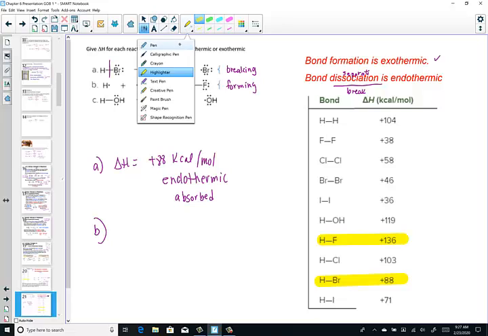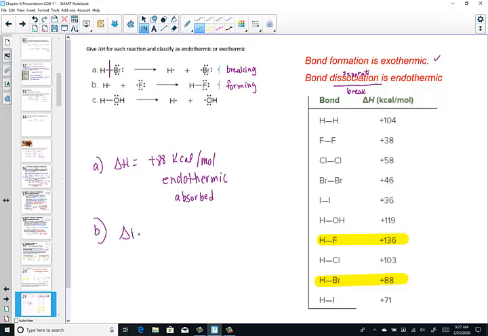So with HF, the delta H is given as positive 136 for breaking, but we're forming a bond in letter B, so we know it's going to be negative 136 kcals per mole. That is an exothermic process, meaning that heat is being released from the system to the surroundings.